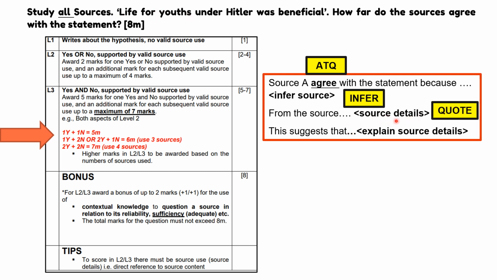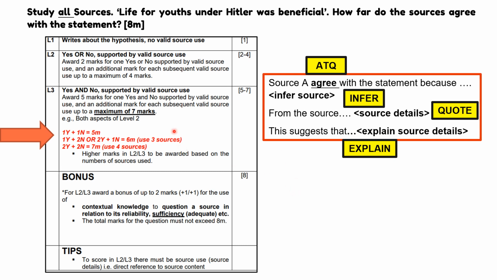You give source details, that means you quote. If it is a picture or a graph or a cartoon, then definitely you need to describe. And lastly, you summarize and explain what the source details mean in relation to this particular question, that life for youths under Hitler was beneficial. So if it's one paragraph like this, well written, then definitely you'll be getting 2 marks.